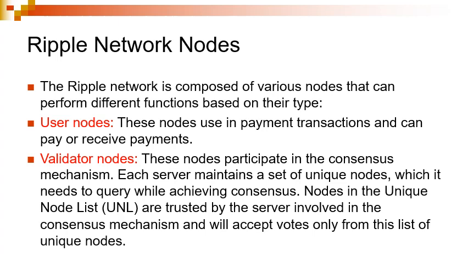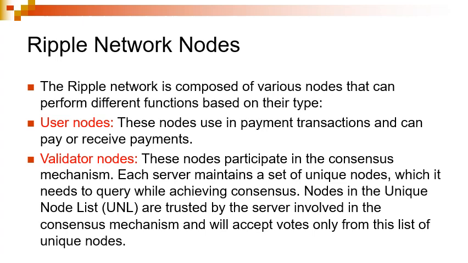Now the Ripple network nodes. The Ripple network is composed of various nodes that can perform different functions based on their types. There are basically two types of nodes in the Ripple network: user nodes and validator nodes. First, user nodes.